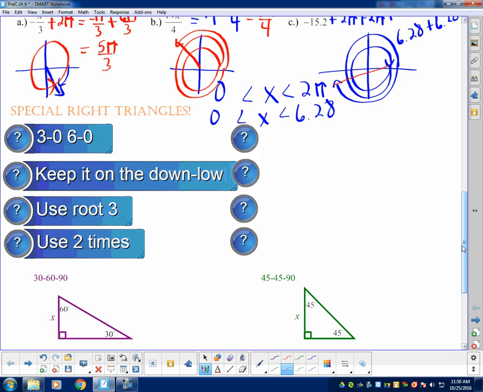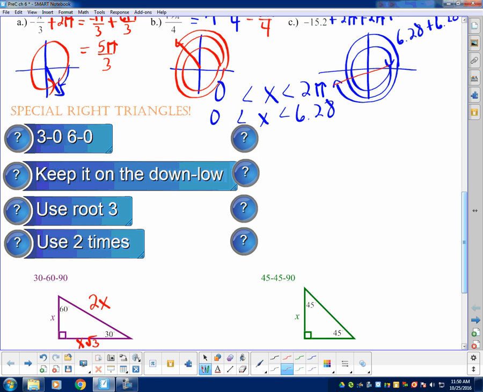But 30 degrees corresponds to the shortest side. The use 2 times means 2 times the shortest side, and use root 3 means shortest side times root 3. It's all based on that shortest side. So 30 degrees. The side opposite the 30-degree angle is x. That's what that's saying.